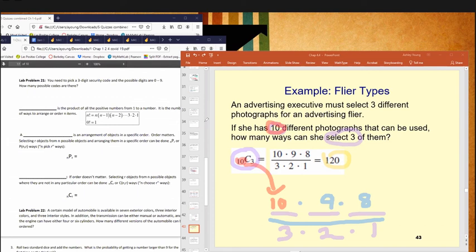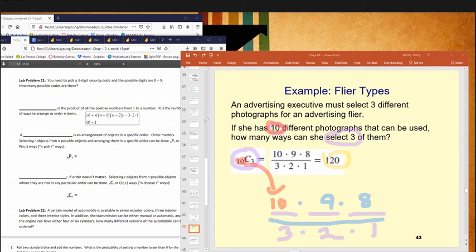Is it also safe to say that if the word problem kind of has it ranked, like president, vice president, treasurer, and secretary, then it's obviously order? If it spells out specific positions or specific jobs, like if I said, I need 3 chaperones, 1 to wash dishes, 1 to mop the floor, 1 to take tickets at the door, then order would matter, because now I'm assigning them each a job.